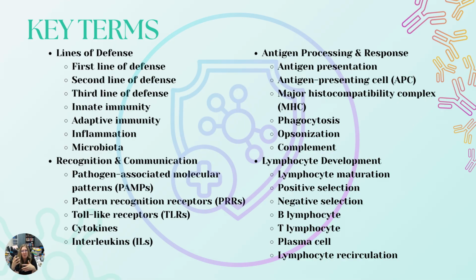Then we move into what happens after recognition: phagocytosis, antigen presentation, MHC, complement, opsonization, and then finally we have lymphocyte development. Again, don't try to memorize all of these from this slide. I want you to just start recognizing the language. By the end of this lecture, these terms should start fitting into that larger picture.